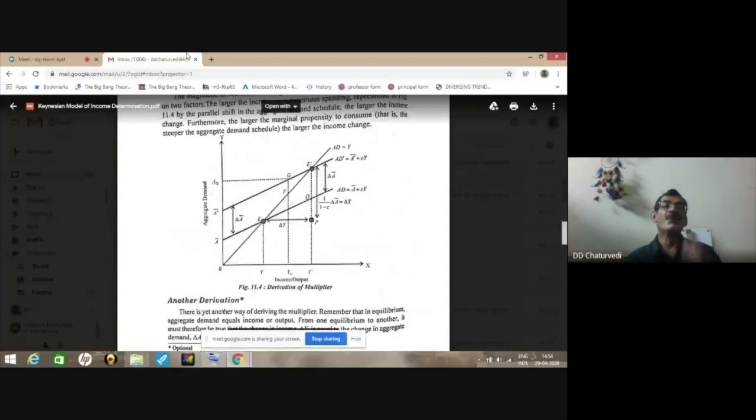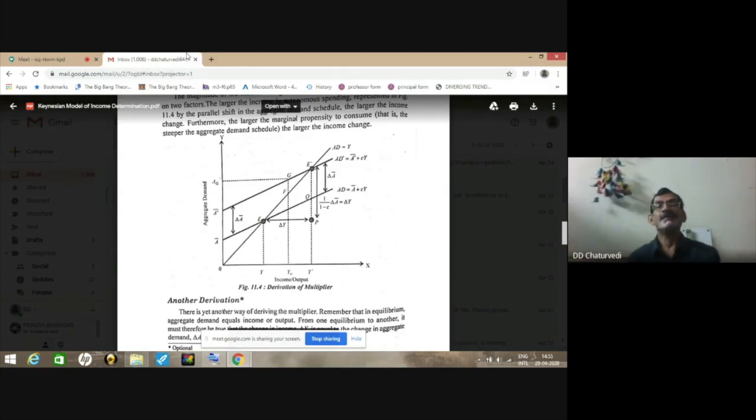From point E you first move vertically upward to the new aggregate demand curve, then you move horizontally to the 45-degree line by an equal distance, because whatever expenditure is incurred is shown vertically, and whatever income is created is shown horizontally, and both are equal.